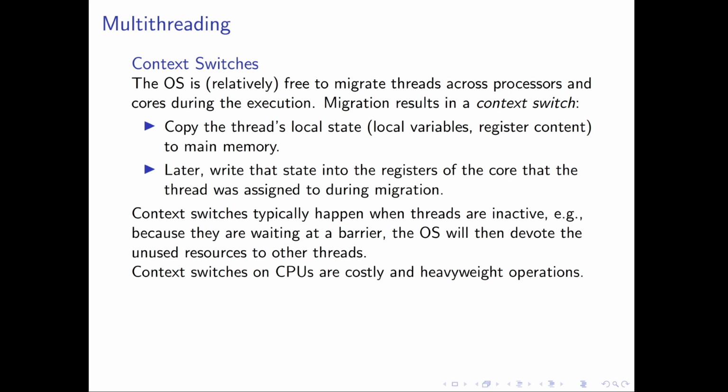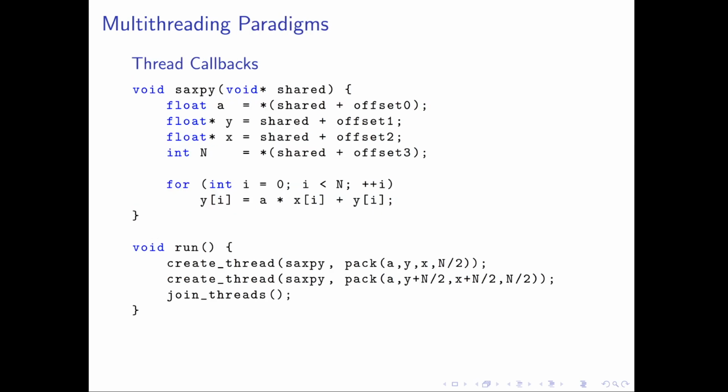So context switches, where the operating system decides to migrate threads between cores or between processors, are quite heavyweight, and so are operations to create new threads. The different paradigms for how threads are used by the programmer differ a lot in how threads are scheduled and how threads are created.